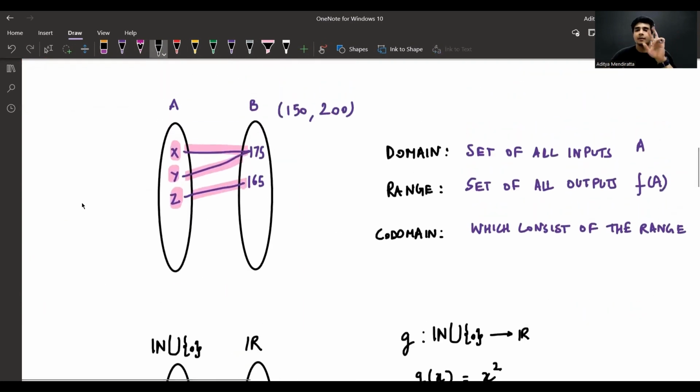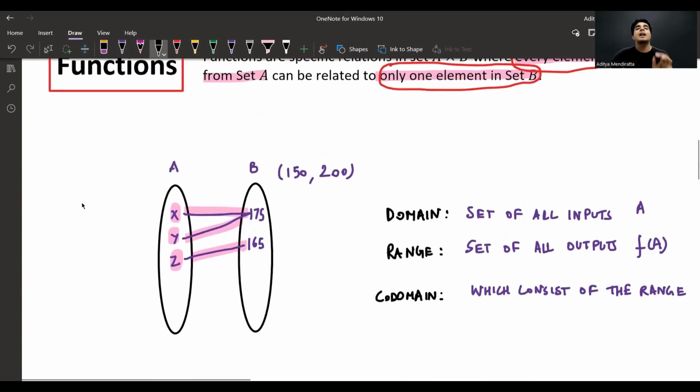Now, let's observe one more thing about our functions. The second important observation about our function is that our functions also do not care when they have some extra elements in the codomain.